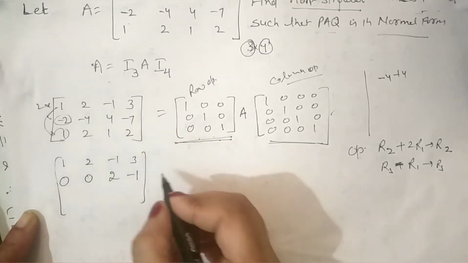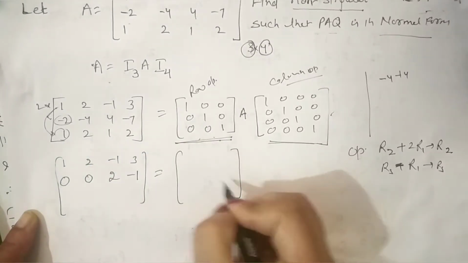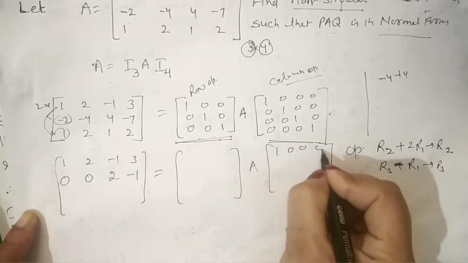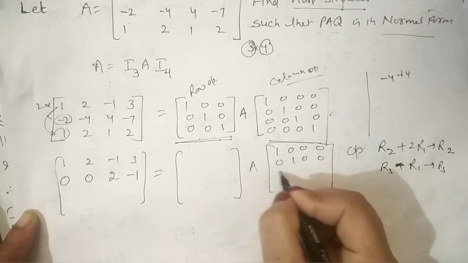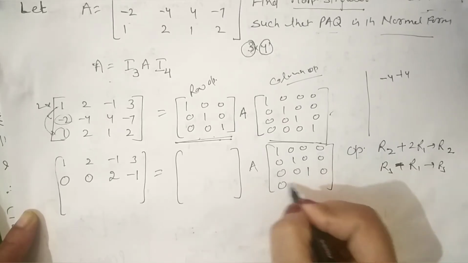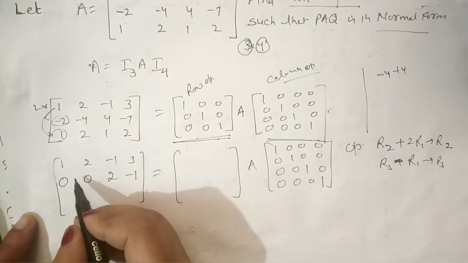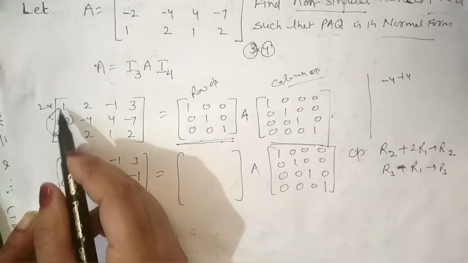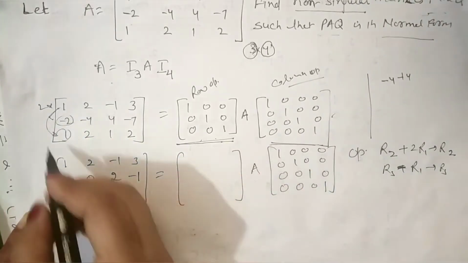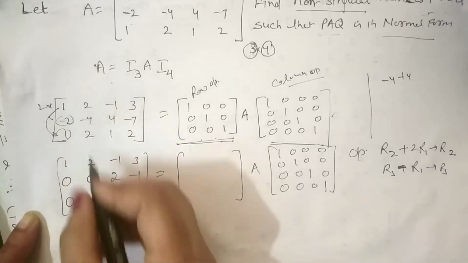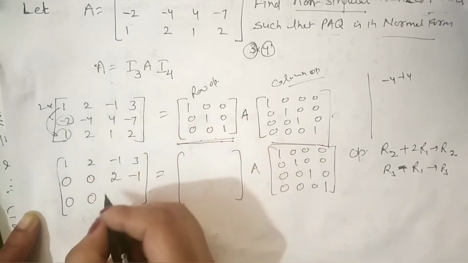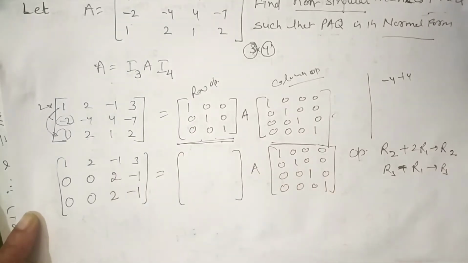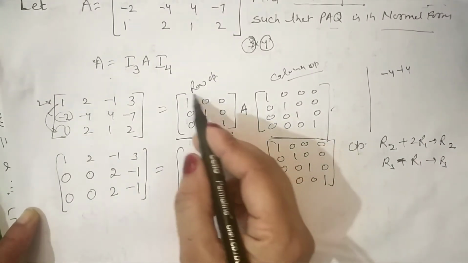Similarly this operation will be done on this matrix. Now we apply the other operation, subtracting row 1 from row 3. 1 minus 1 is 0, 2 minus 2 is 0, 1 minus 1 plus 2, then 2 minus 3 is minus 1. On the other side, these two operations will be done on this.